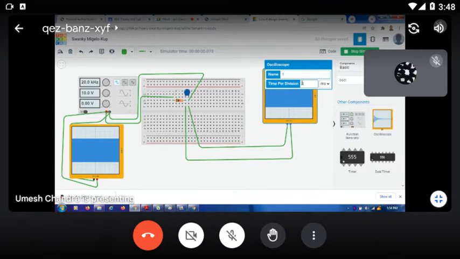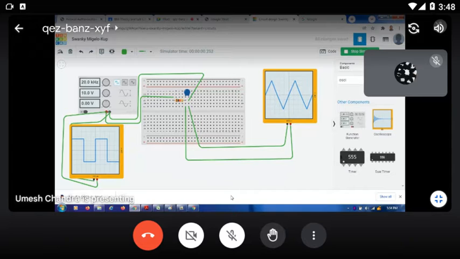When you give high frequency, then you take 0.01 millisecond. And 1 microfarad. This is your indicator.